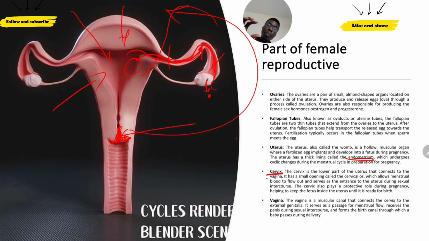And the cervix at that point will be getting wider. As a matter of fact, there's a particular length that the cervix is meant to attain before the baby can come forth, so to say. But the cervix is very, very important during pregnancy and also during childbearing. During pregnancy, because that is where it becomes tight so that the baby will not come down. And sometimes it has a mucus plug there to protect the baby from infection during pregnancy.